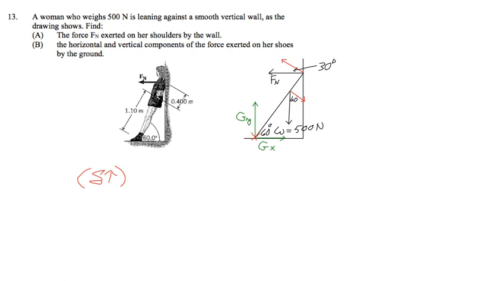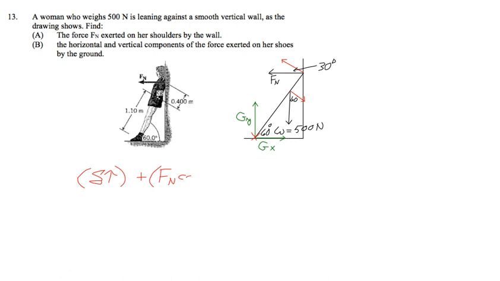Now, if this is my pivot point, is the normal force from the wall counterclockwise? That's counterclockwise, and counterclockwise means plus. So it's going to be plus Fn times what trig function would I be using to get the red? Cosine.